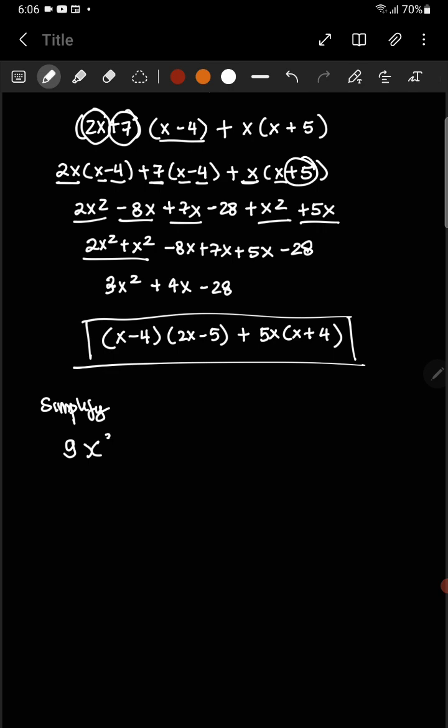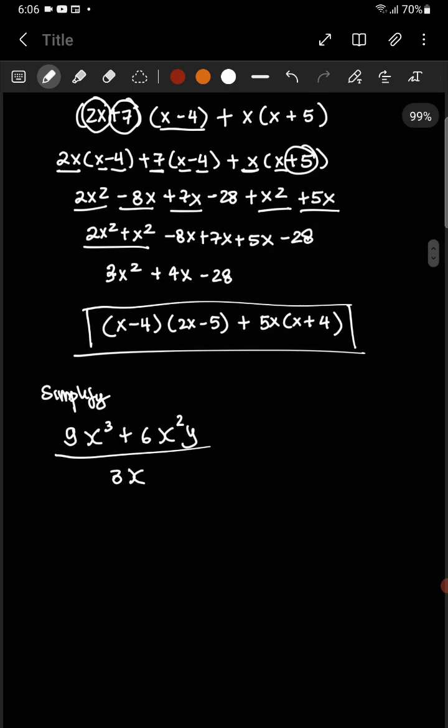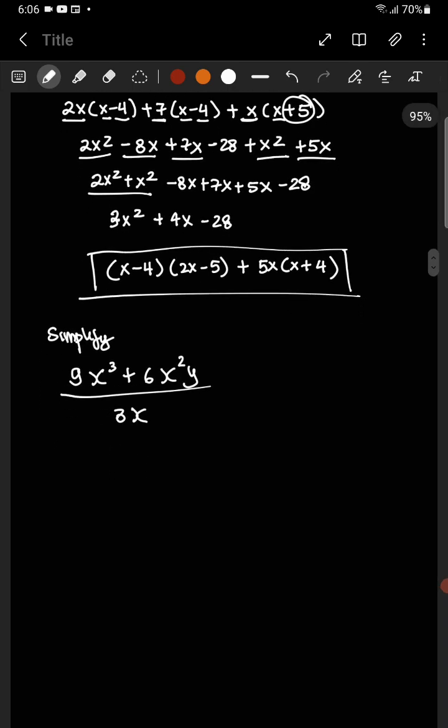9x to the power of 3 plus 6x to the power of 2y over 3x, like this one. How to simplify this one? You cut it into smaller things, I will say.